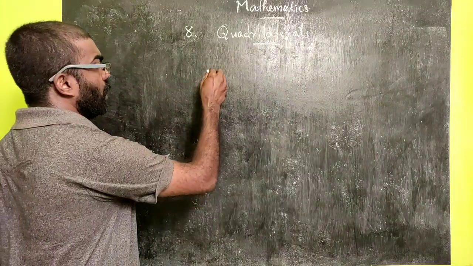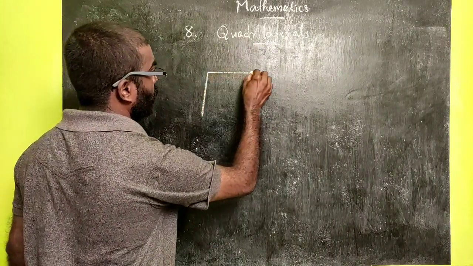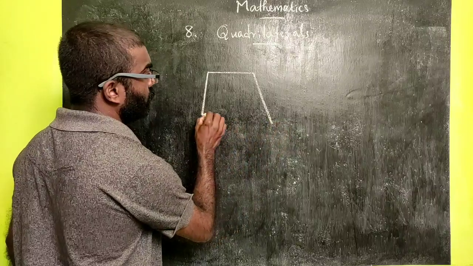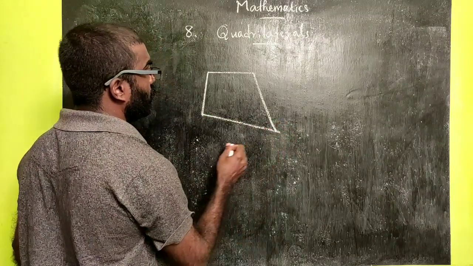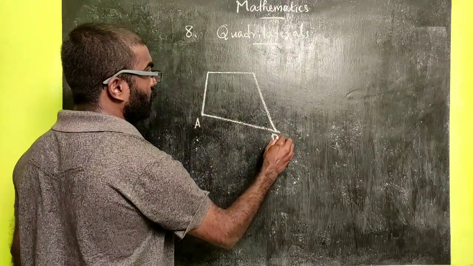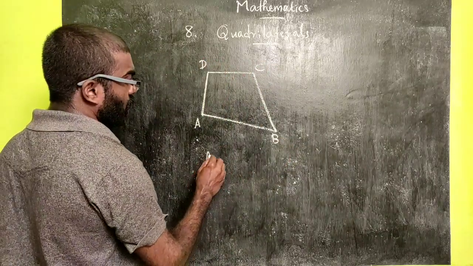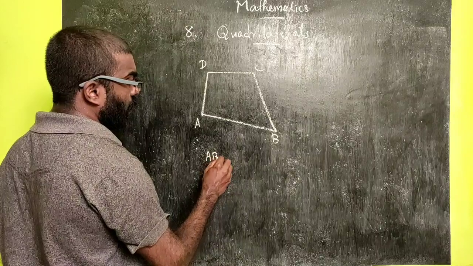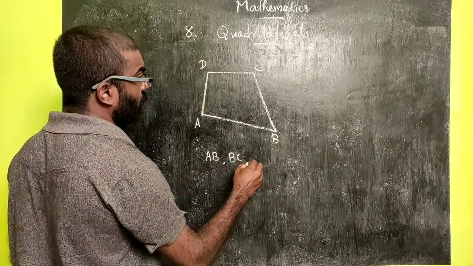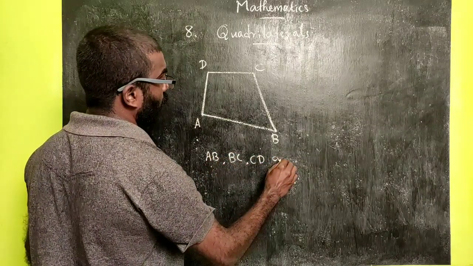Right. So we can draw a quadrilateral like this. I mark it as ABCD. Here the sides of this quadrilateral ABCD are AB, BC, CD and DA.